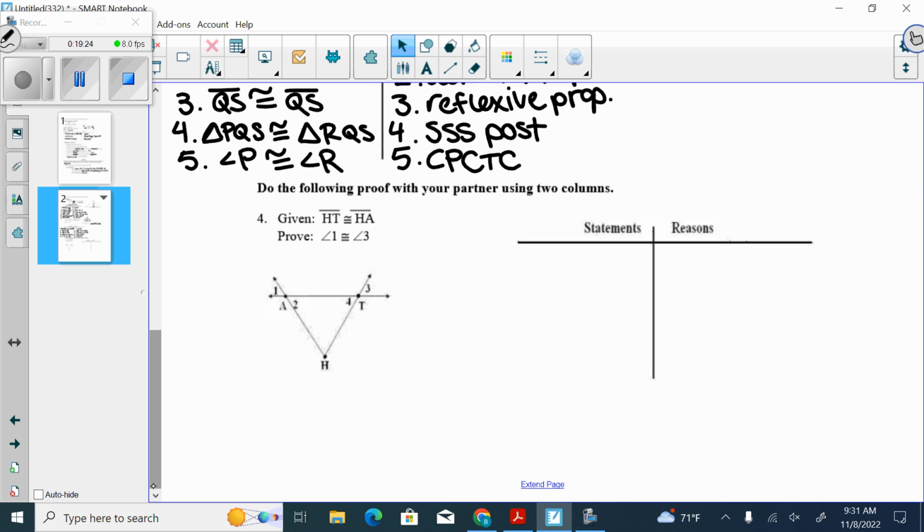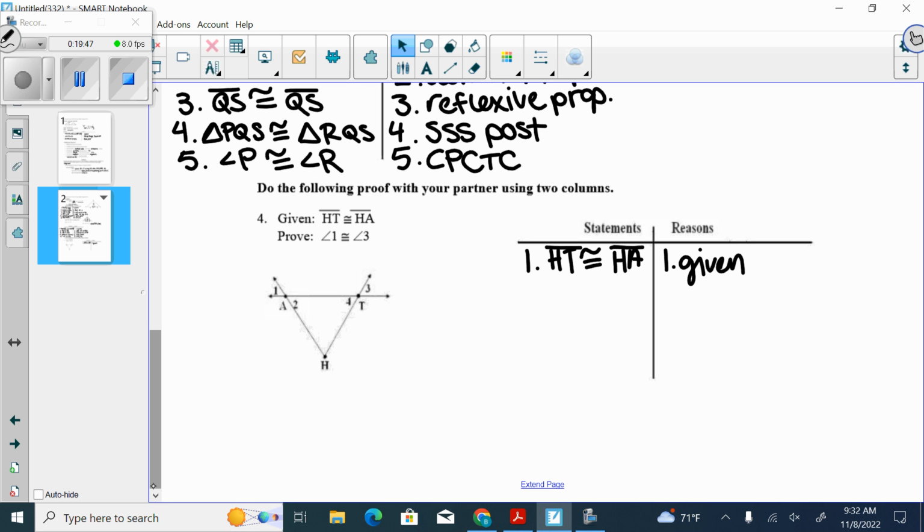Okay, so what we do have is that we have some given information, which we know that's how we always start our proof. So I'm going to go ahead and write that part down. I'm given that HT is congruent to HA. Reason given.